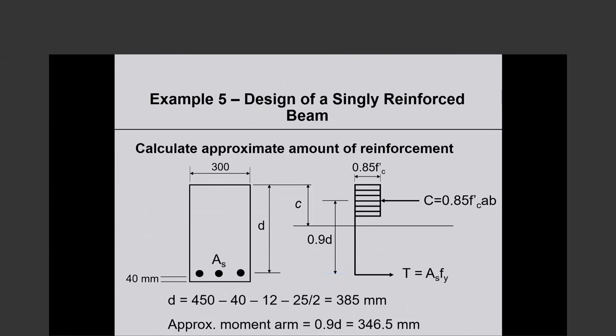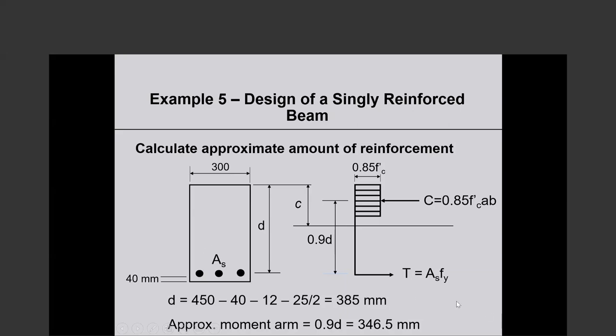Okay, so this is the picture of what we are dealing with. The beam, the stress distribution to the right. The effective depth is the total depth of 450 millimeters that was given in the problem statement, minus clear cover of 40 millimeters, minus stirrup diameter 12 millimeters, and half the bar diameter 25 millimeters.